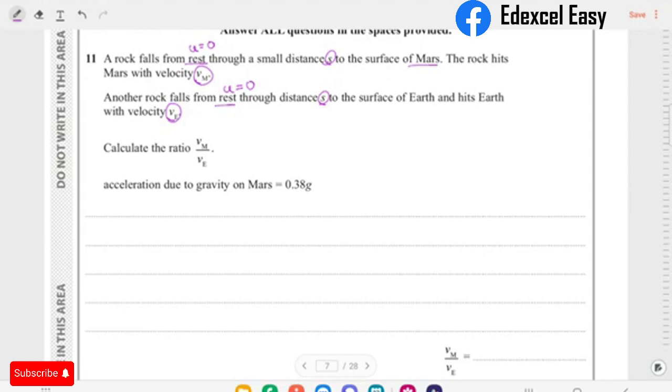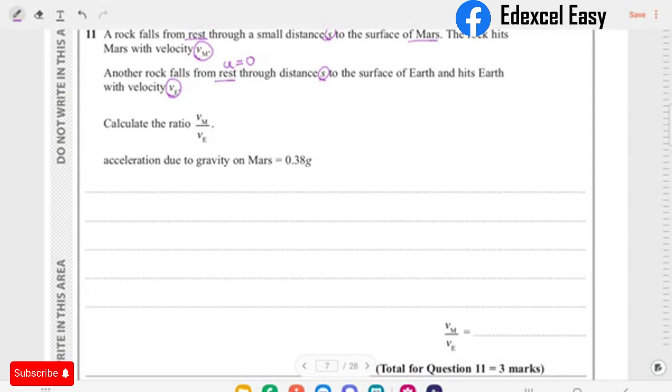Okay, so let's first find out, since we're trying to find the final velocity, right? Vm and ve are actually the final velocities on Mars and Earth. So we can write expressions in terms of Mars. For vm, v square is going to be 0 square plus 2 times 0.38 g times s, right?